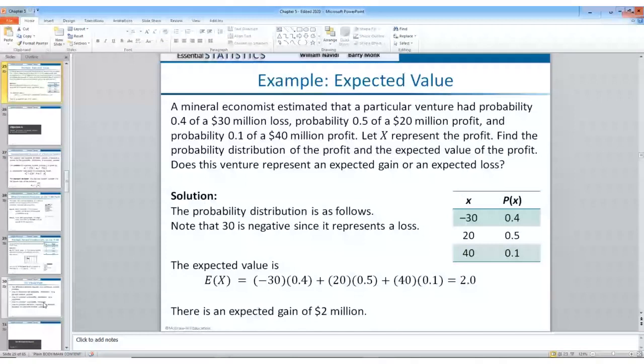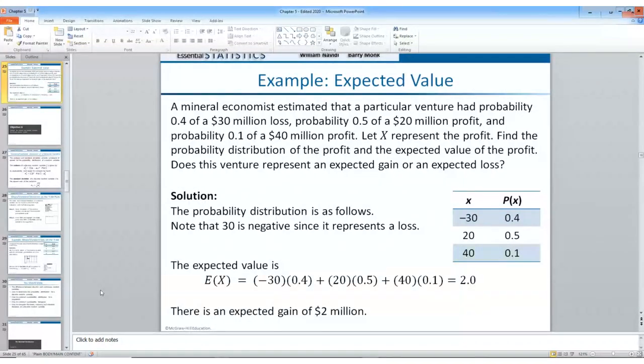And this could be easily applied to something like oil fields or what have you around here. But there are 3 different outcomes they give you here. They say that when they go out to drill or do this mining venture, we could either lose negative $30 million, I'm sorry, lose $30 million, which is why it's negative. We could get $20 million, or we could get $40 million.